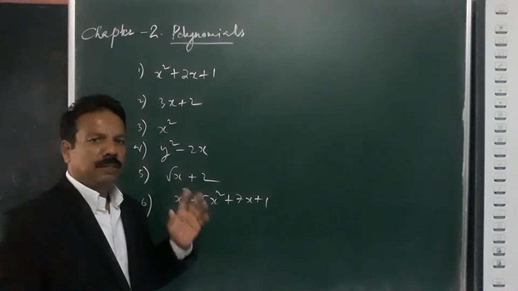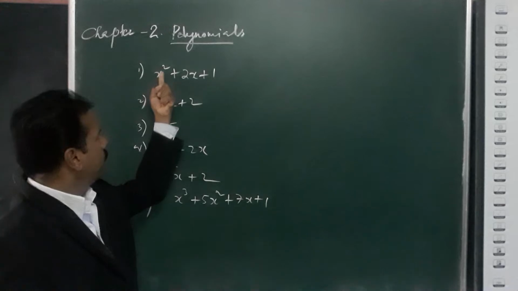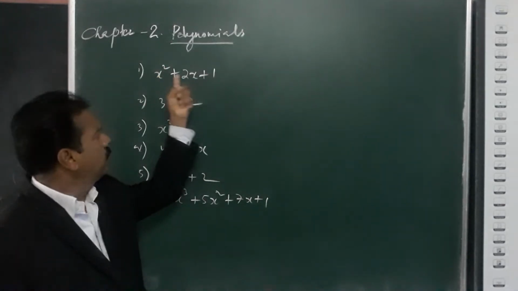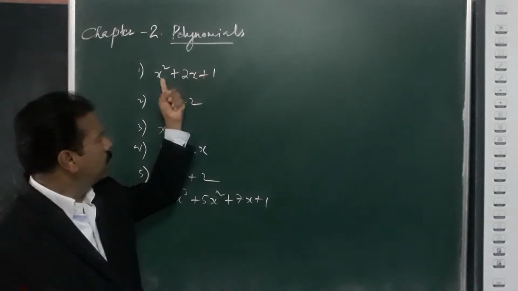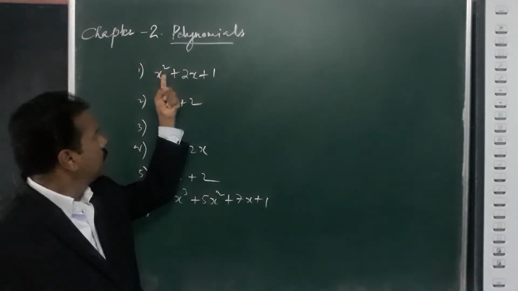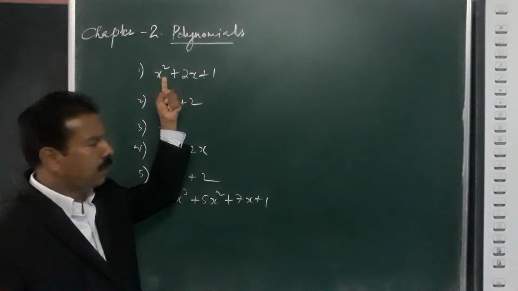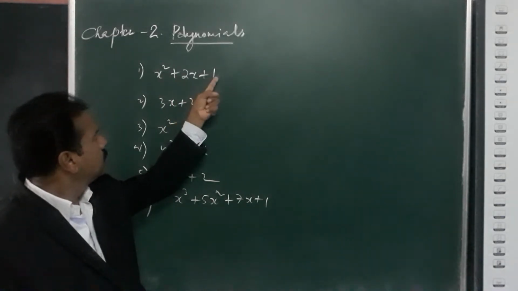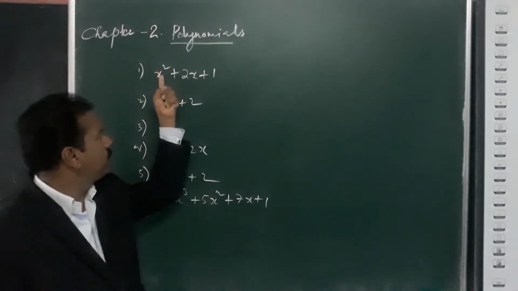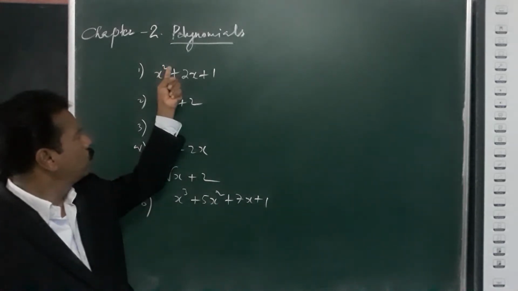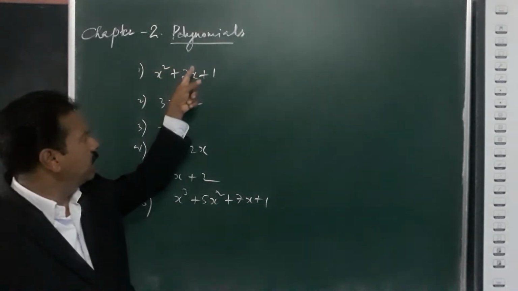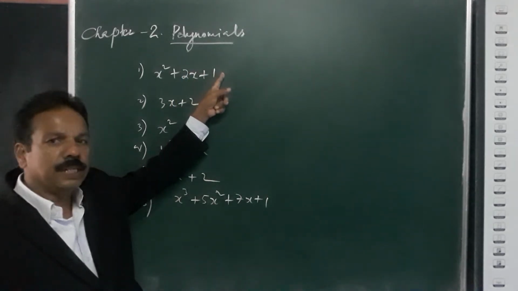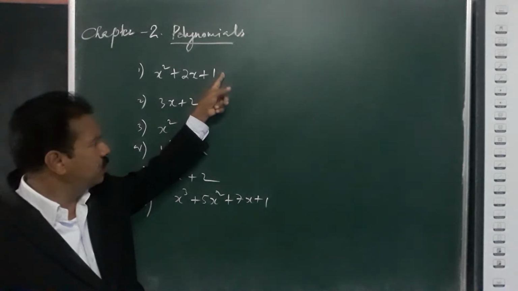Look at the first one, x square plus 2x plus 1. There are three terms. The variable in this algebraic expression is x. The exponent of the first term is 2, the exponent of the second term is 1, and the third term has no variable, that is x raised to 0.